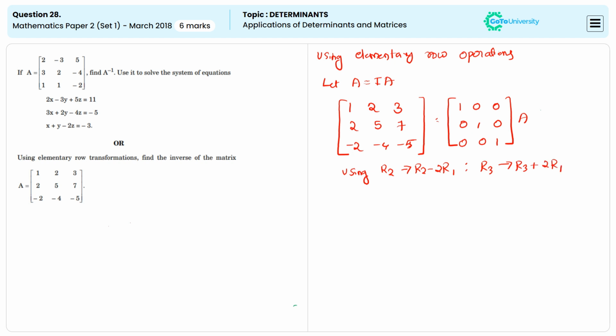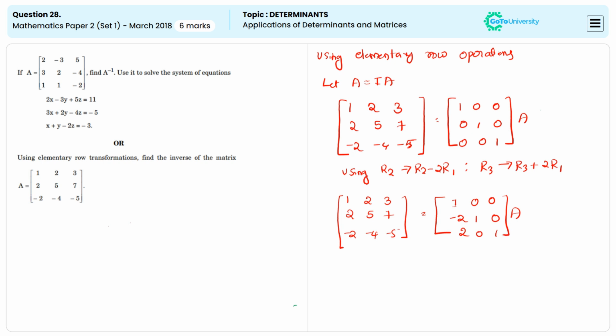So the left hand side matrix remains as it is, 1, 2, 3, 2, 5, 7, minus 2, minus 4, minus 5, right, which will be equal to, by applying the row operations for the identity matrix, we get 1, 0, 0. Row 1 is not changed, whereas row 2 has been changed to minus 2, 1, 0, and 2, 0, 1 into A.